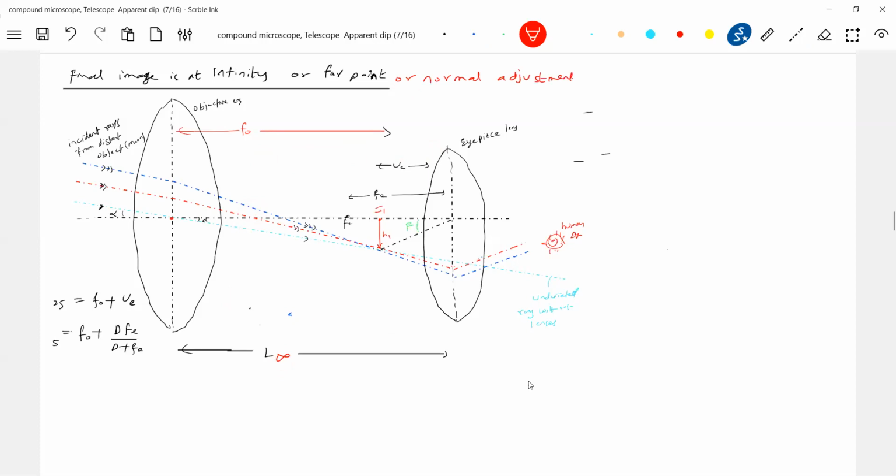So what does it say? I'm viewing the magnified image of a heavenly object comfortably. Any reason for that? The rays will enter parallelly into the eye.